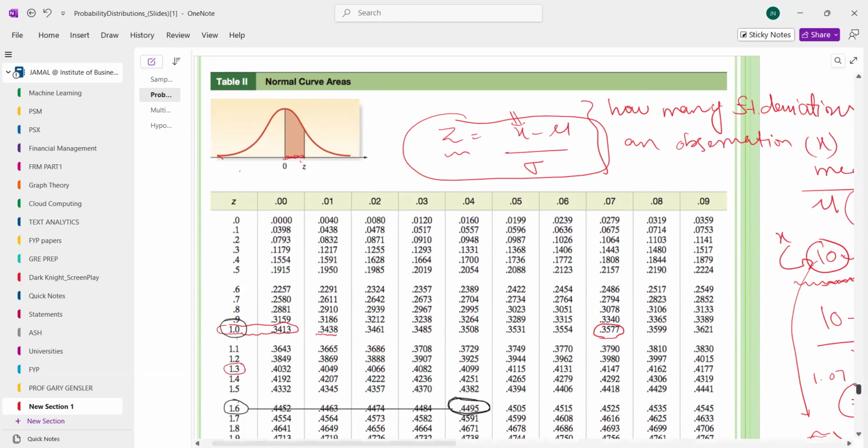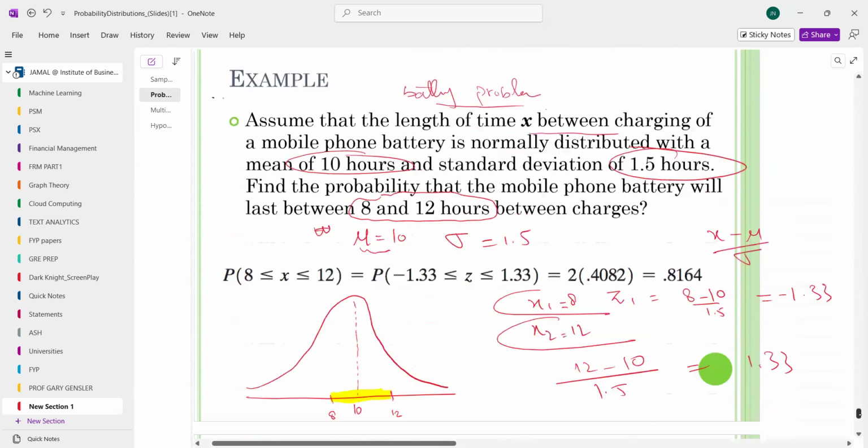Here, 1.33, right? So you have this value, 0.4082. This is for the positive. But what about negative? We have 1.33 positive. We also have 1.33 negative.